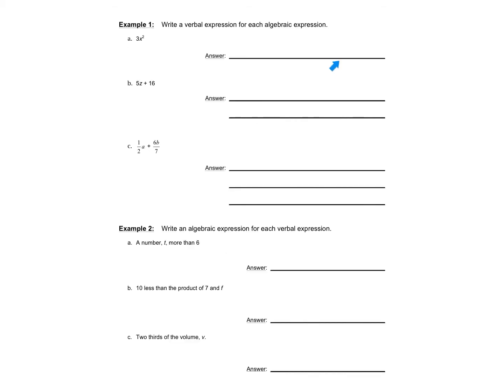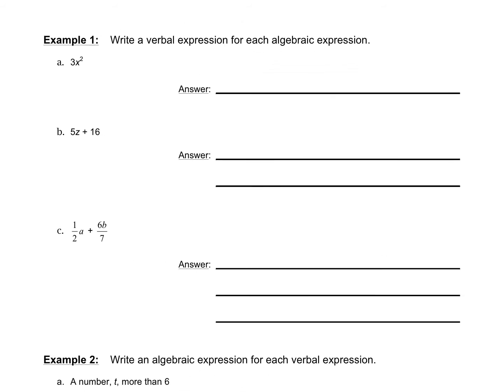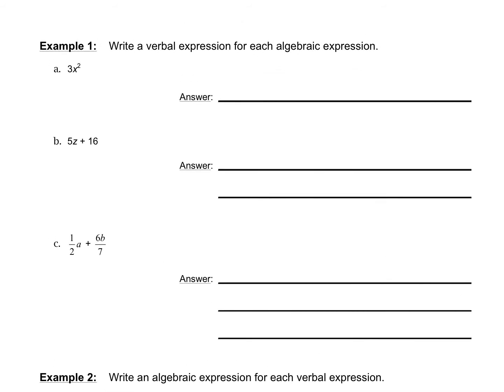All right, so example 1 says to write a verbal expression for each algebraic expression. There are various ways that we could write this answer. It just depends on which term we would use, as there are multiple ways to say specific things, like I said on the last slide, in regards to how we would say addition, subtraction, multiplication, or division.